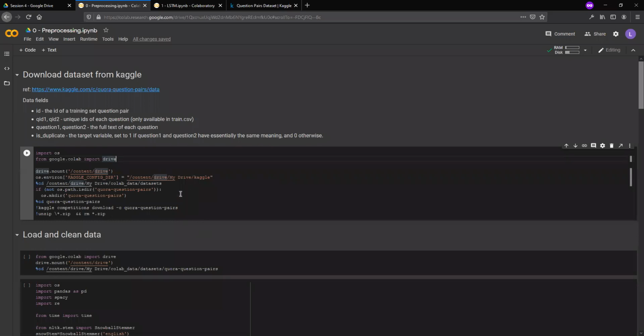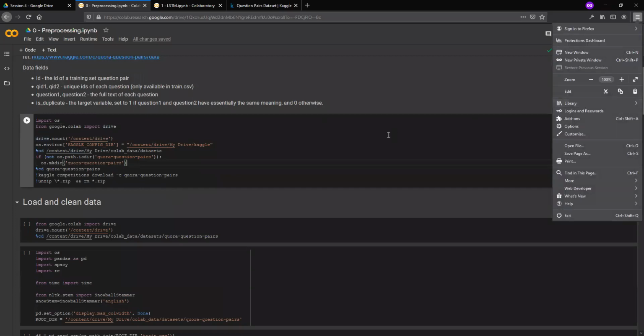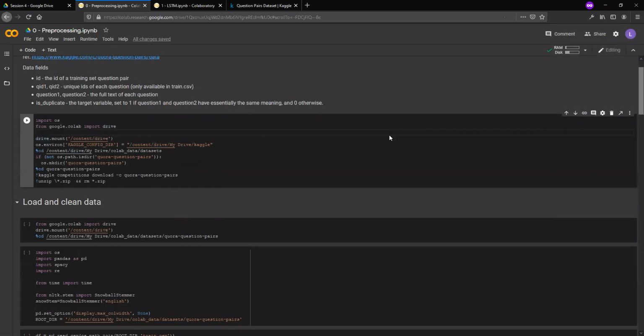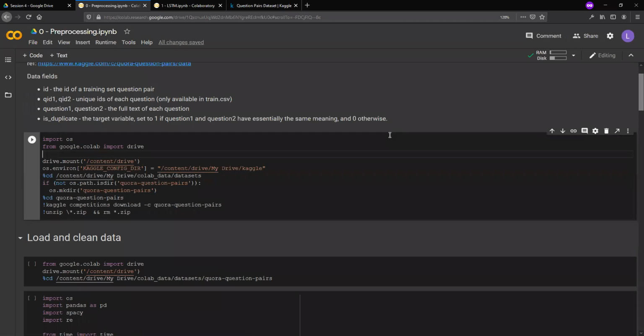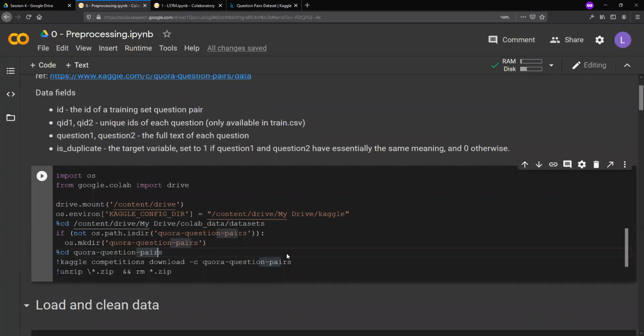So if we look at the code, let me zoom in. In this first file, what we're going to do is some initial pre-processing that we've learned in prior sessions.